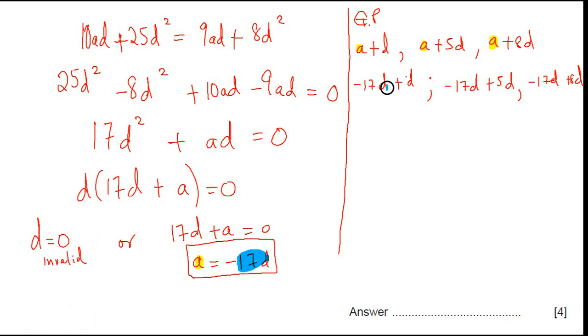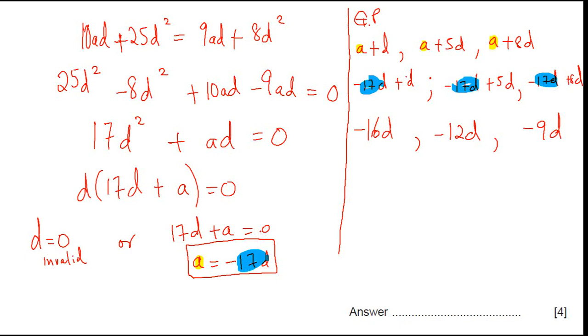It looks kind of weird, but it can now be simplified. This is nothing but minus 16d. This is nothing but negative 17 plus 5, minus 12d. This is nothing but negative 17 plus 8, that is negative 9d. Can you see that?